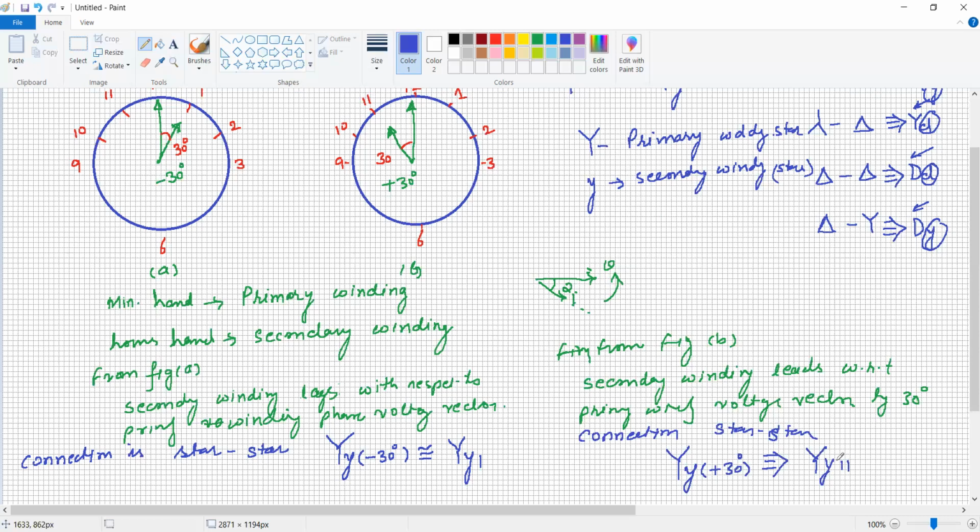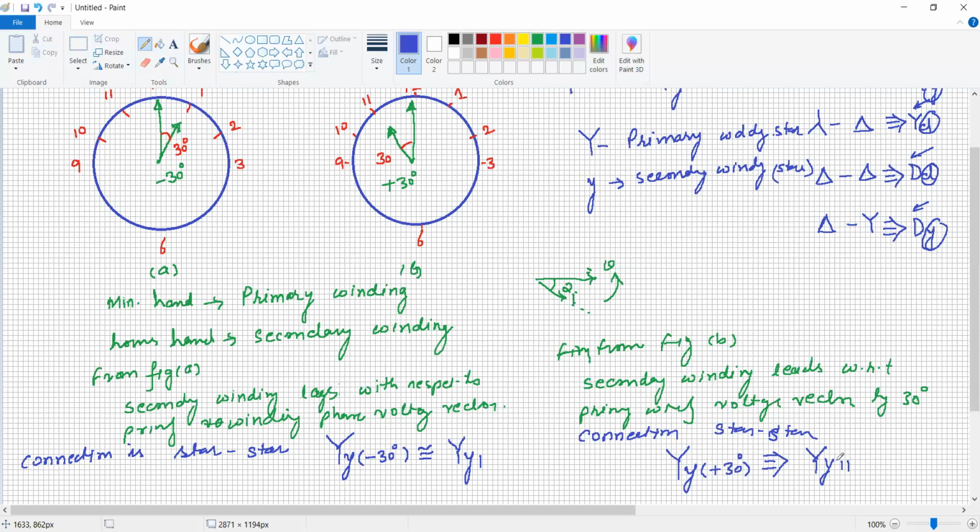So this is the vector group Yy1 and Yy11. Yy11 means the voltage is leading in the secondary winding, and Yy1 means it is lagging by 30 degrees. Okay. So this is the meaning.